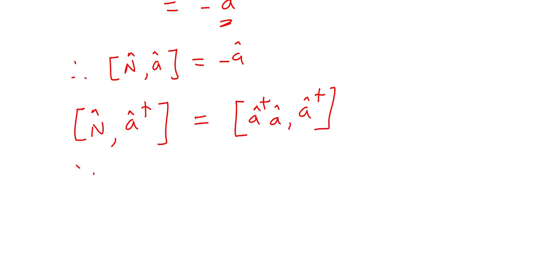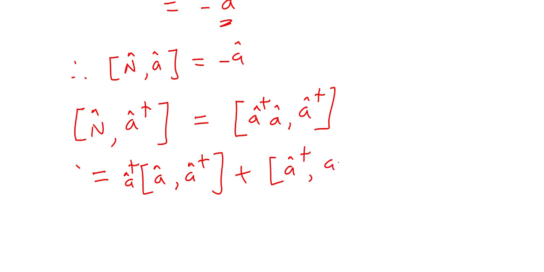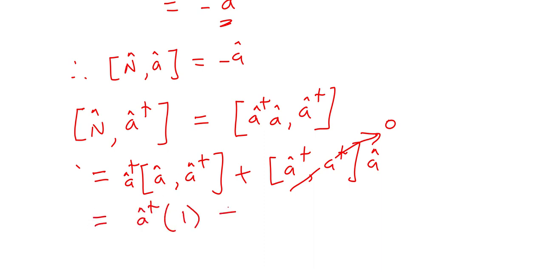We use the same principle, so this will be a dagger times the commutator of a with a dagger, plus the commutator of a dagger with a dagger, then a. This second term is 0, because the commutator of an operator with itself is 0. Now the commutator of a and a dagger is 1, plus 0, so that will be a dagger.